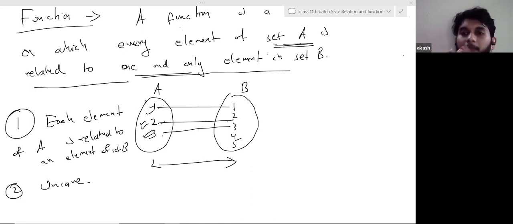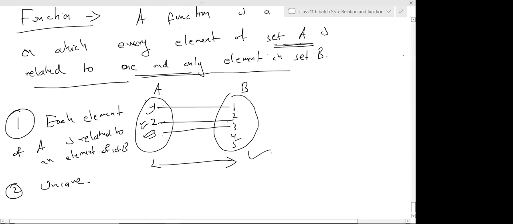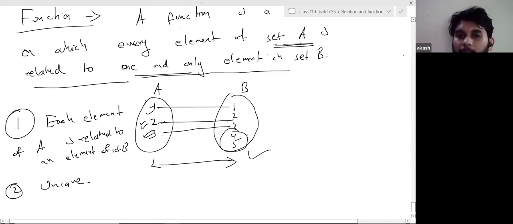The conditions we have applied are on set A, not on set B, right? We have said all the elements of set A must be related and connected uniquely. We did not say anything about set B, right, Fahad? Yes, sir. So we can leave elements out of set B also. They can be not related or related.